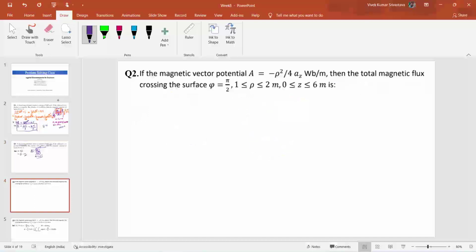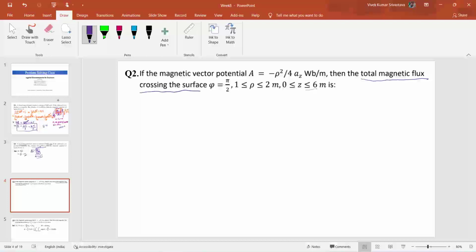Now moving ahead, the next problem is: the magnetic vector potential A is defined as minus rho square by 4 a z Weber per meter, and we need the total magnetic flux crossing through the surface. Phi is fixed here, and rho and z are varying. We have to determine how much magnetic flux is crossing through the surface.